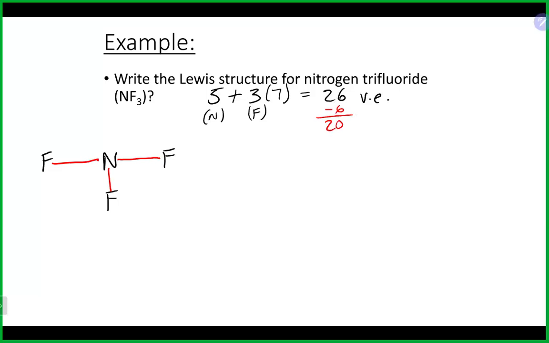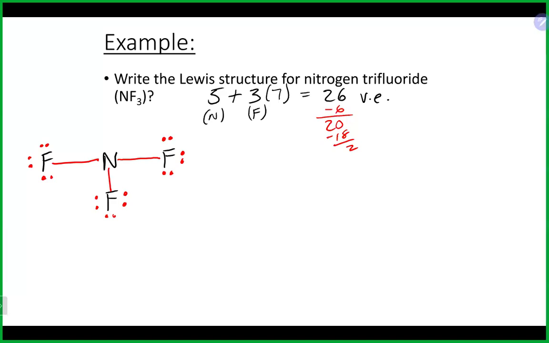Those 20 electrons are going to go on the outside atoms in pairs of electrons. So here we go. We got 2, 4, 6, 8, 10, 12, 14, 16, and 18 electrons I just put on there. Still got 2 to go, by the way.